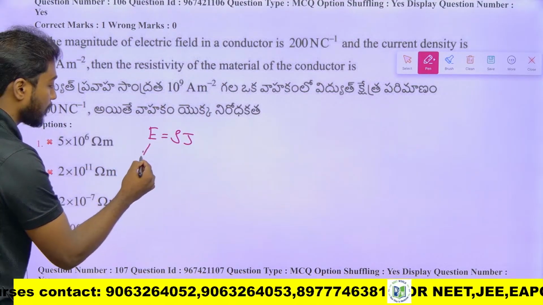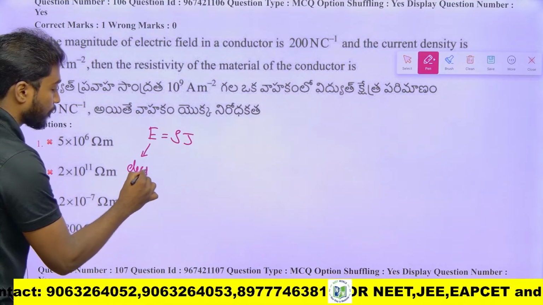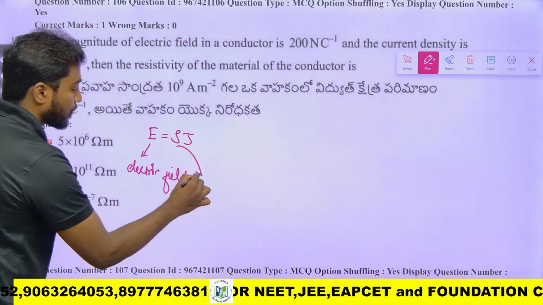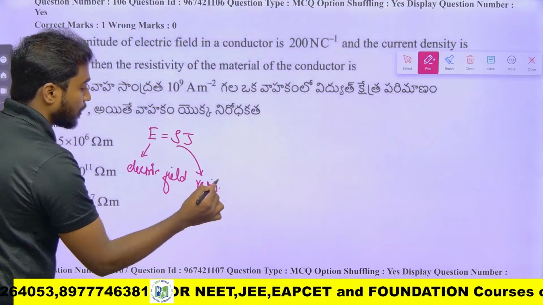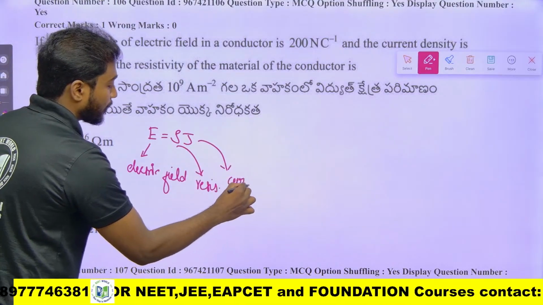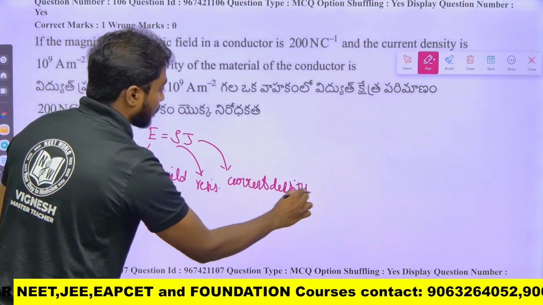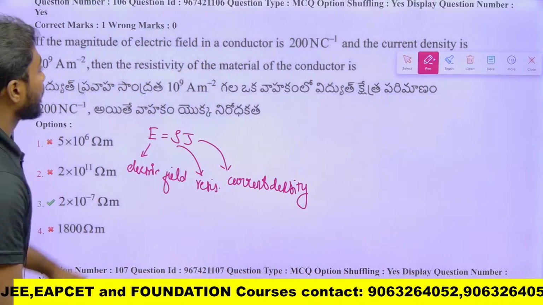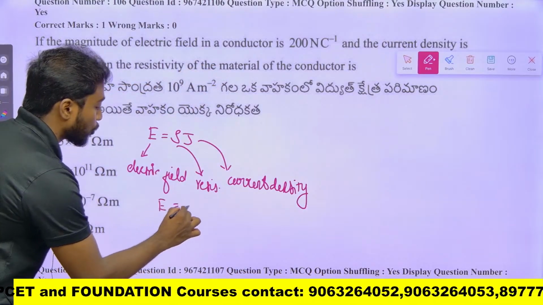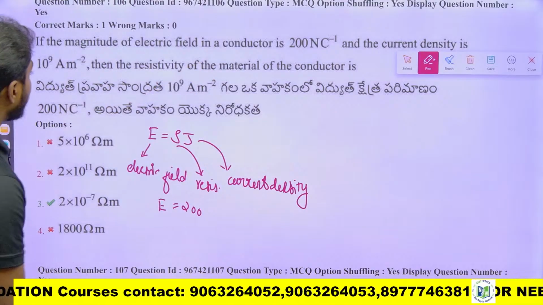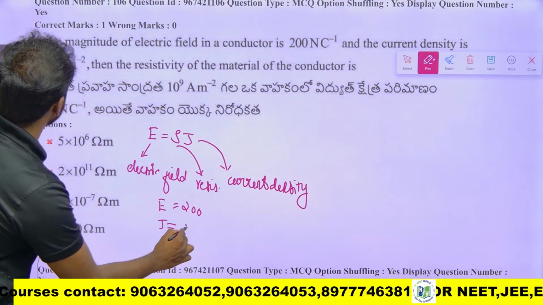I will write it here, electric field and this is resistivity and this is current density. So, what are the things given? Electric field is given, E is equals to 200 and then current density is given, J is equals to 10 power 9.